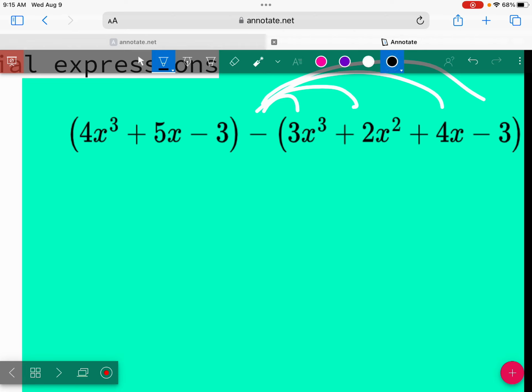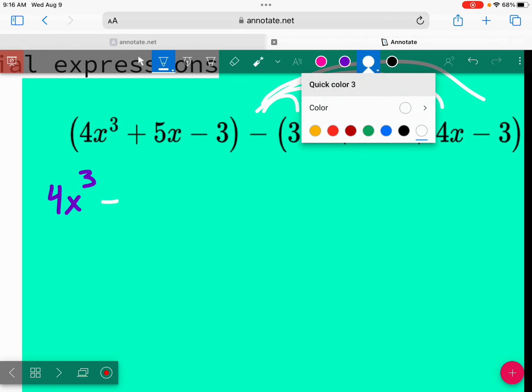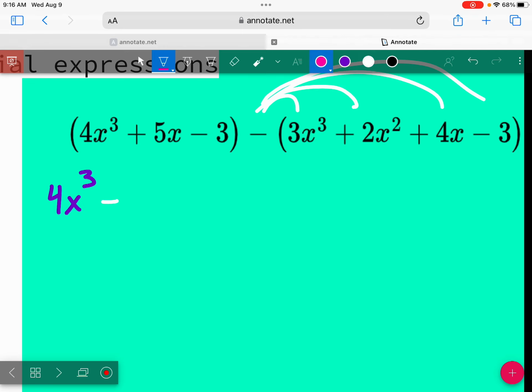So we're going to have our 4x cubed minus, let's see, does that show up? I don't like that color. Does that show up? Yeah, that shows up good. Minus 3x cubed.